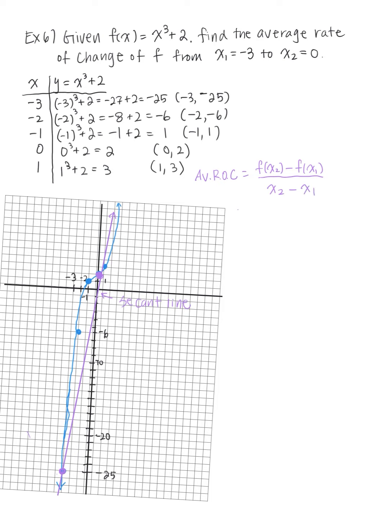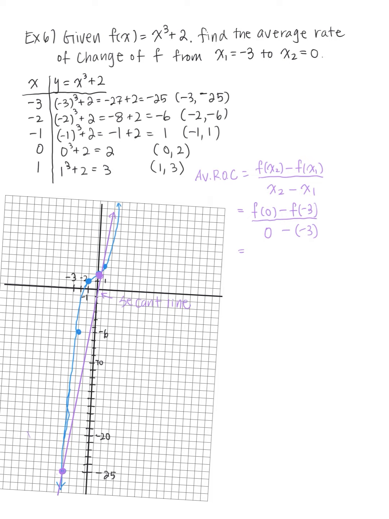Since x2 is 0, we're computing f of 0 minus f of -3, since x1 was given to be -3, and then the whole thing over 0 minus (-3). Be careful right here, you're going to have a minus 3. Okay, so let's compute f of 0 and f of -3 as side work.